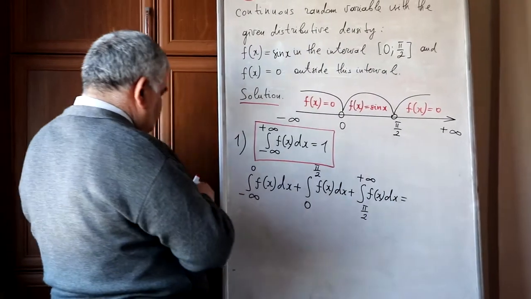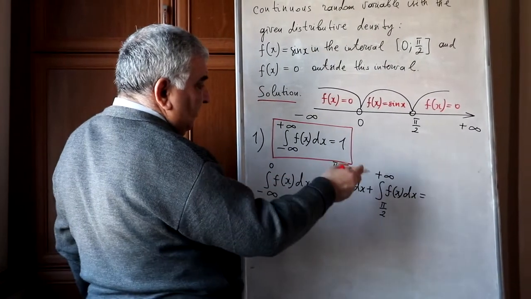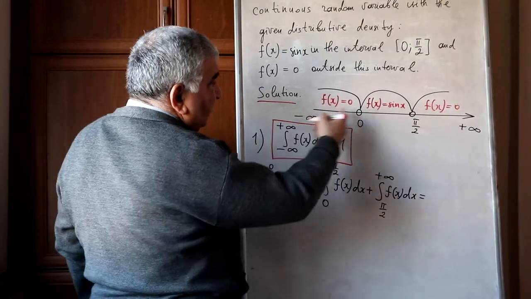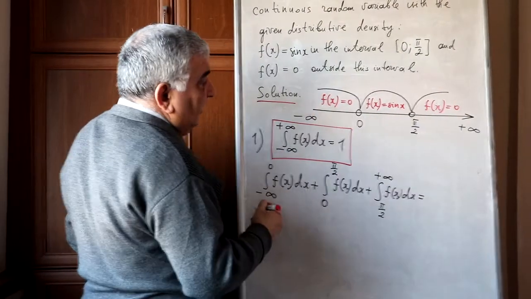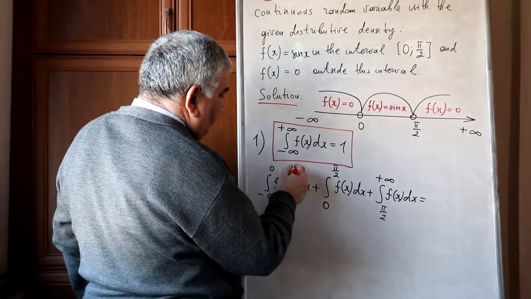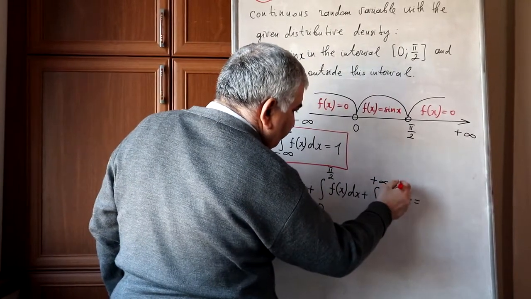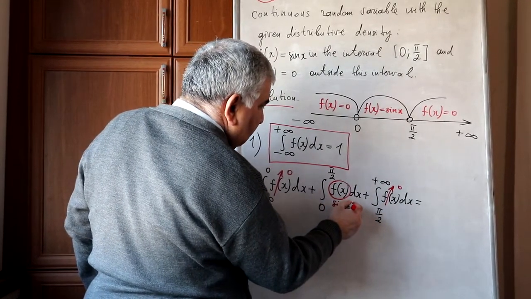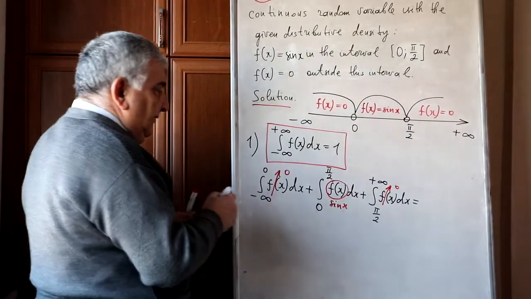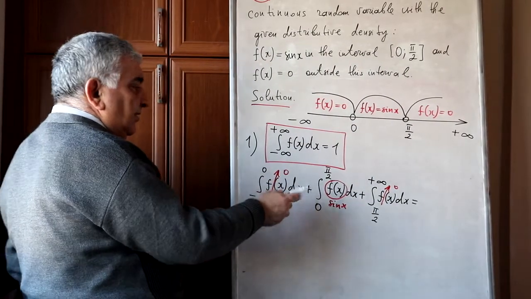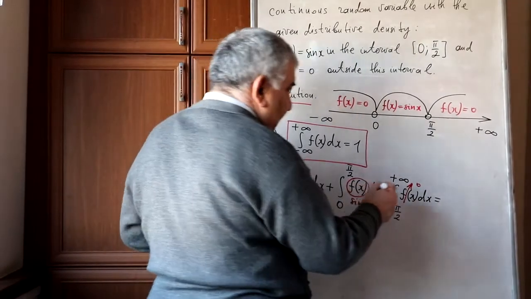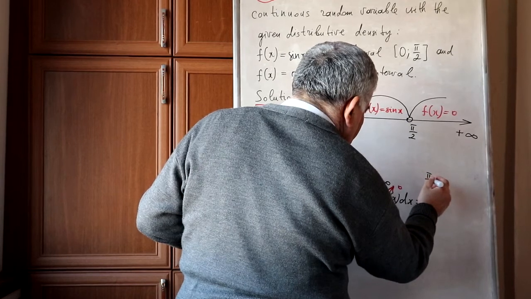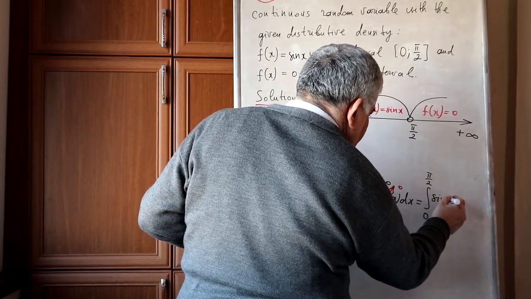equals. In the first and in the third integrals, f of x is 0 according to this diagram. And here in the middle integral, f of x is sine x. We have, and you know that the integrals of 0 are zeros, integral from 0 to pi in half of sine x dx.